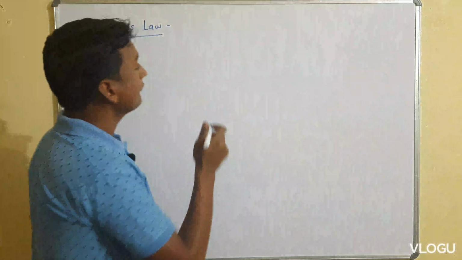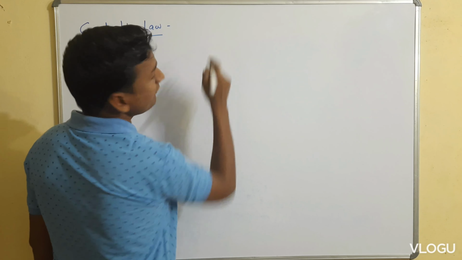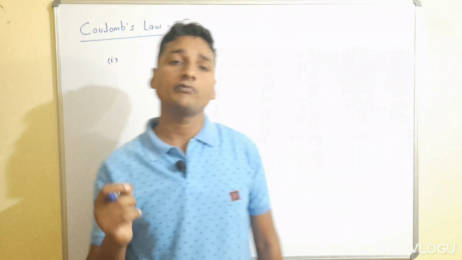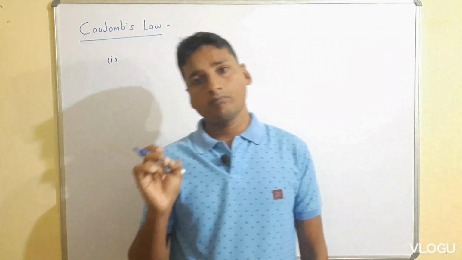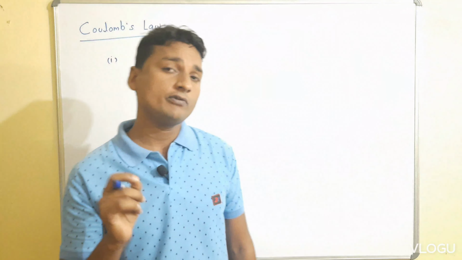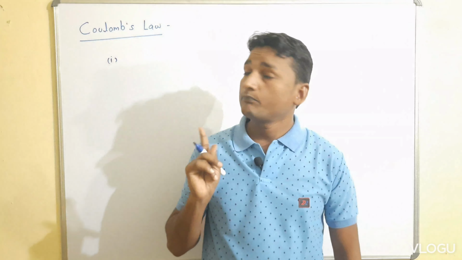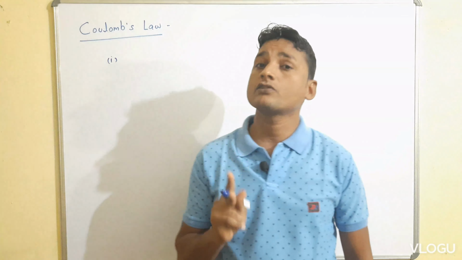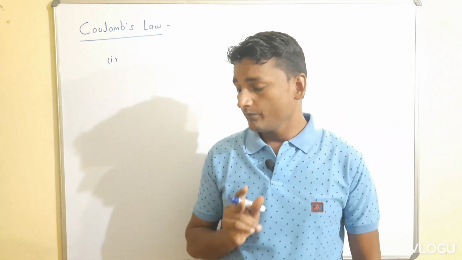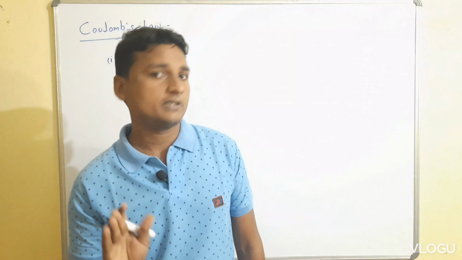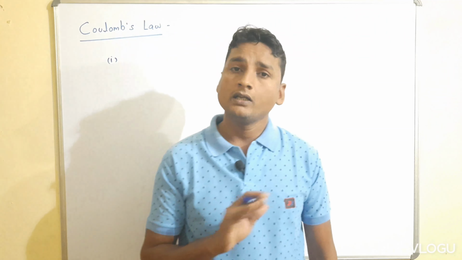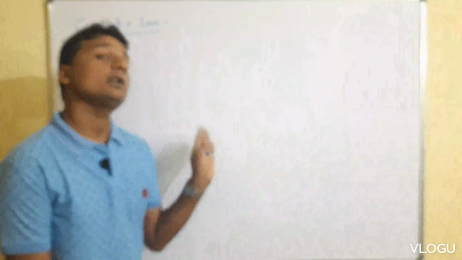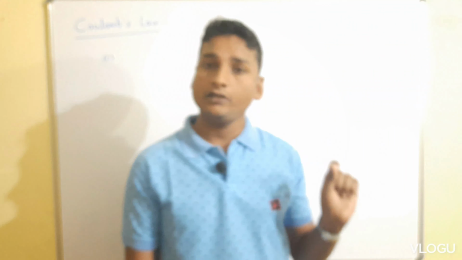When we discuss Coulomb's law, we should keep two points in consideration: first, the charges should be point charges, and second, the charges should be stationary or steady, because Coulomb's law works only for stationary charges. It doesn't work for moving charges. So whenever you apply Coulomb's law, keep these points in your mind.